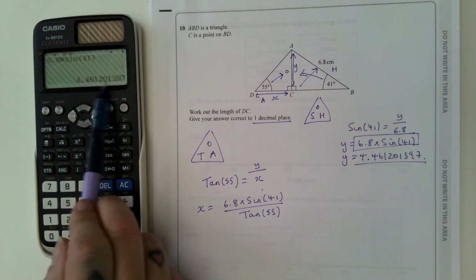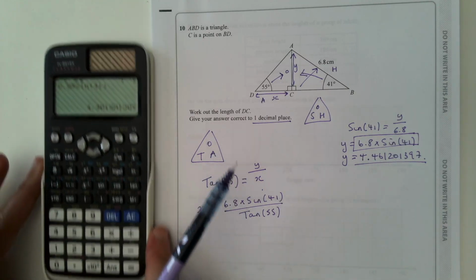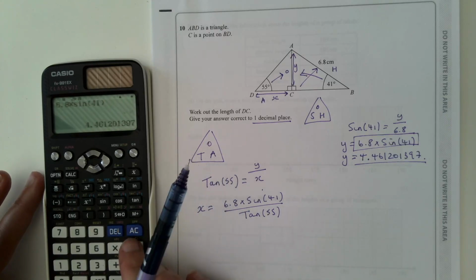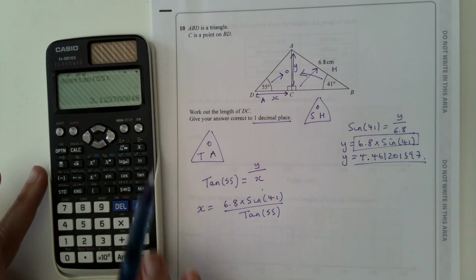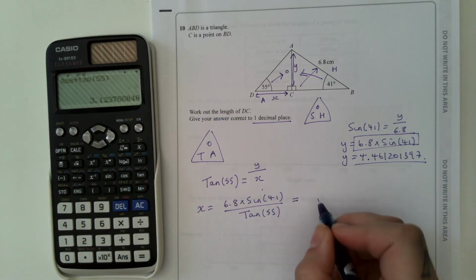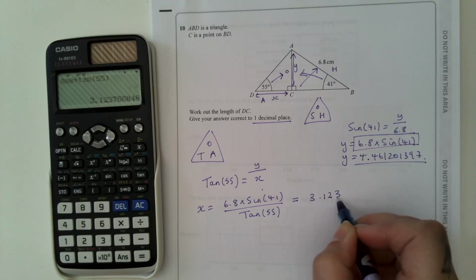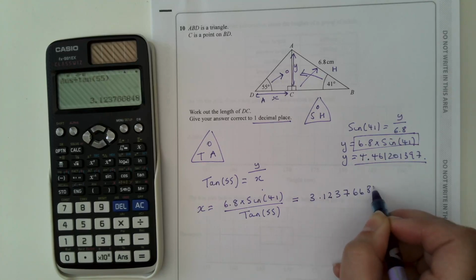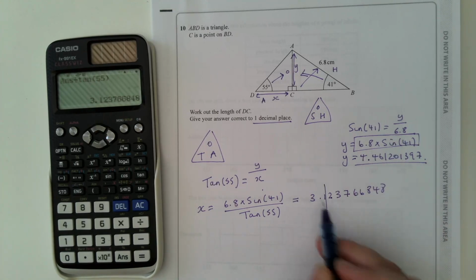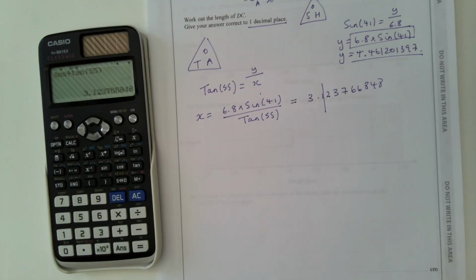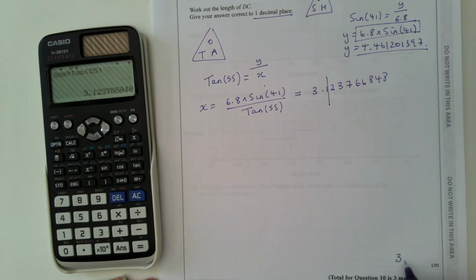But also I've kept it in my calculator, so I didn't actually clear it, so I'm just going to press divide and then tan 55 there. So this tells me that x, which is DC, is 3.123766848. We want one decimal place. That 2 isn't going to change the 1. So DC is 3.1 centimetres.